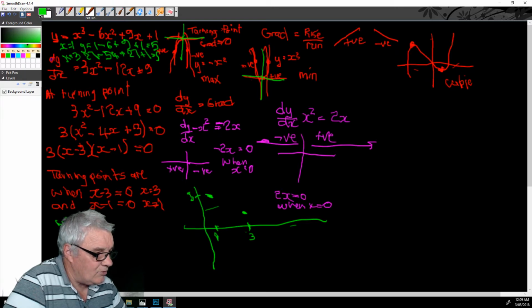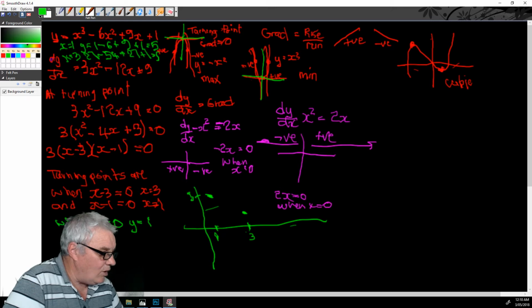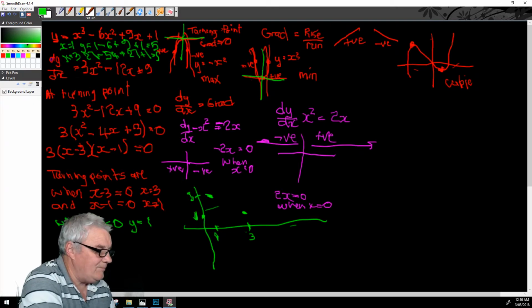When x equals 0, y will equal 1. So when x equals 0, y will equal 1, which is also about there.